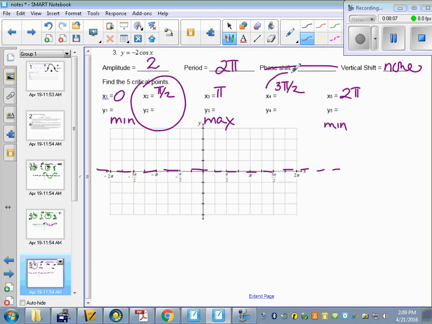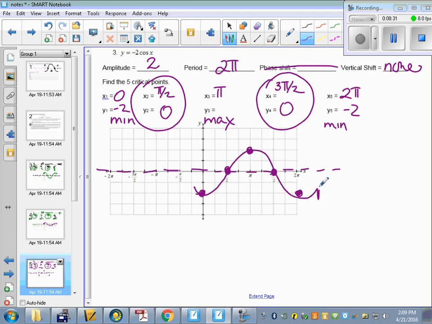They're going to be on our midline, which is at, didn't go up or down, so it's at 0. Our minimum is going to be 2 units below that, down here at negative 2. And our maximum is going to be 2 units above our midline here at positive 2. Connect the points in a smooth curve with arrows.